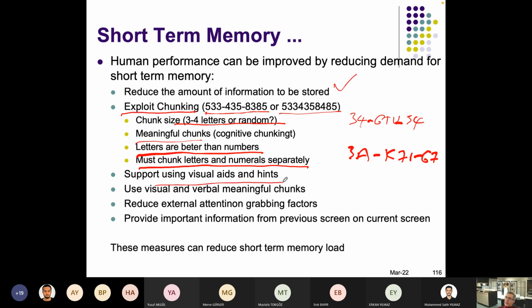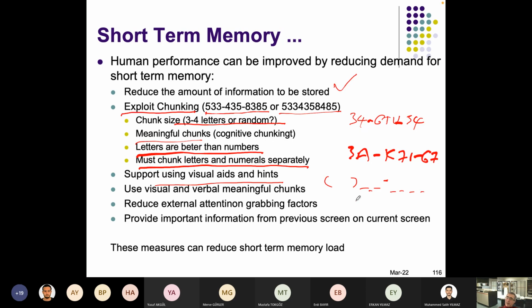Support using visual aids and hints, such as when you are asking for phone numbers. So if you are asking for a phone number, make a space visible so that people will automatically be forced to use that kind of chunking, for the IBAN number, for example.